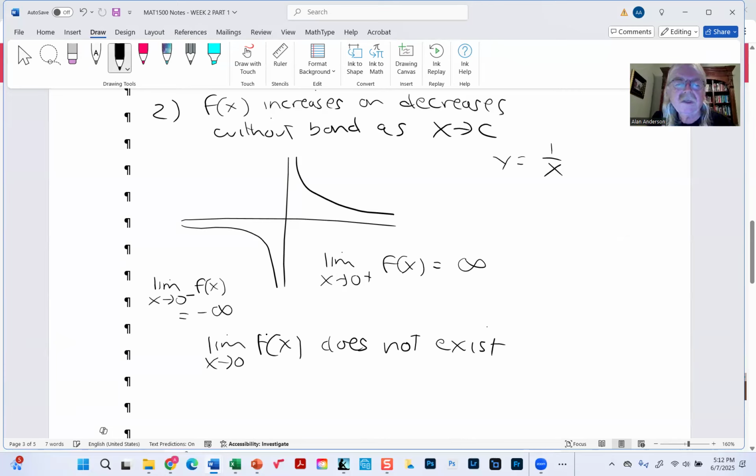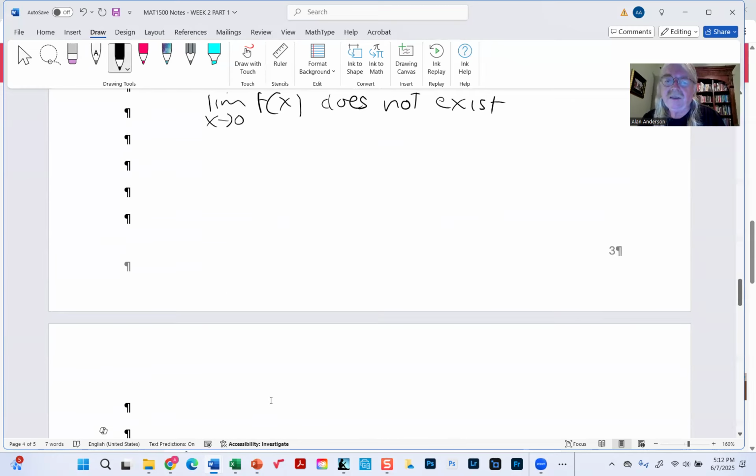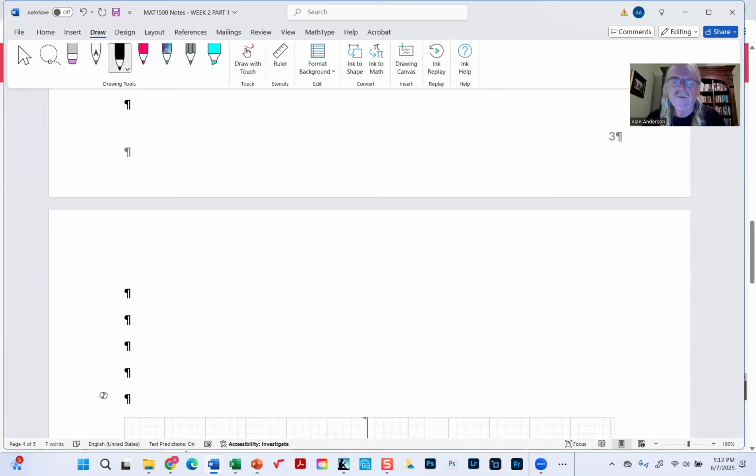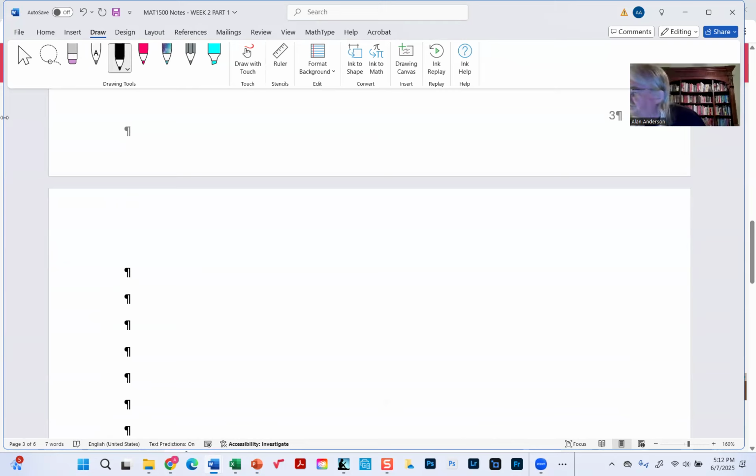Okay. So you can see why that's a problem, because as we're coming from the left and the right, they're not the same. One is going to negative infinity, one is going to positive infinity. Now, by the way, I'd like to show you another case, which you might think is the same one, isn't it? But it's not. Imagine we have this situation.